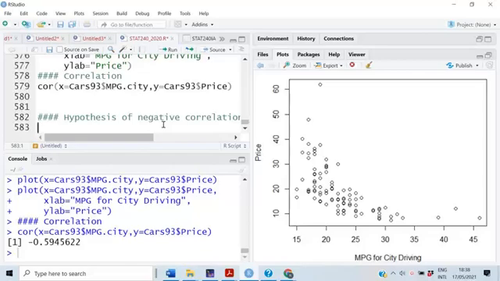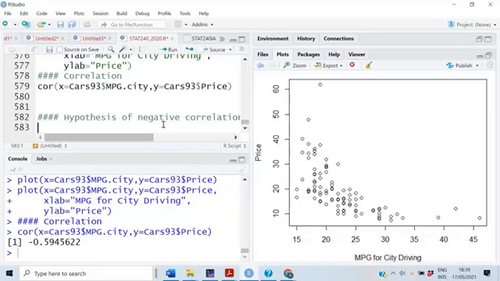How are you going to think of the null hypothesis?